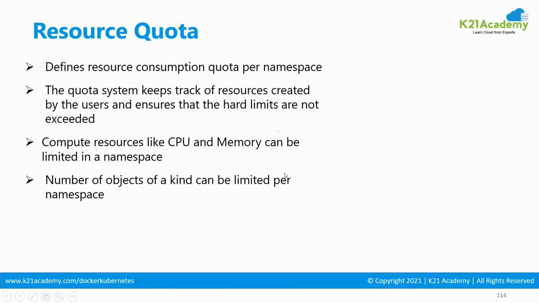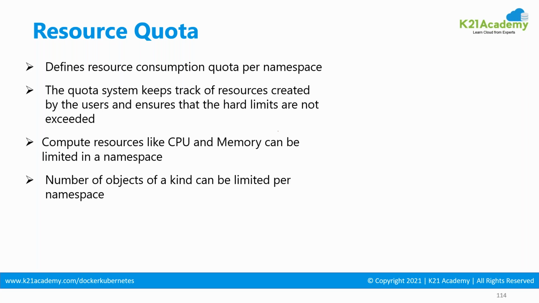Now, the number of objects of a kind can be limited per namespace, right? Not only CPU and memory can be limited, we can limit how many services you would like to create in one namespace, how many pods, and how many config maps you want to allow inside the namespace.